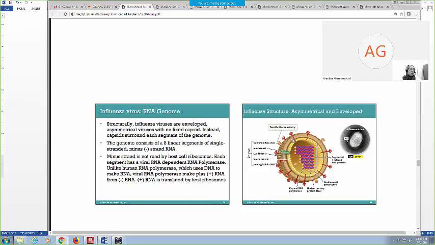But some of those other changes change it just a little bit, but it's still able to get into our other cells and replicate. And so when it leaves our body, it's in a different form than when it came into our body, right? So when it's being transmitted and exiting our body and going to find a new host, it's in a different form, even if slightly different, because these mutations won't make a large difference like a pandemic flu, but they would make a small difference.